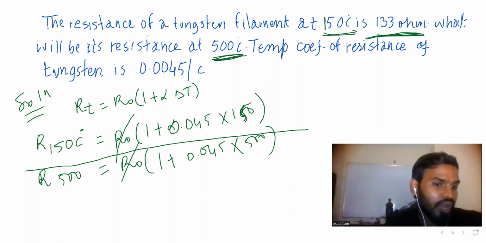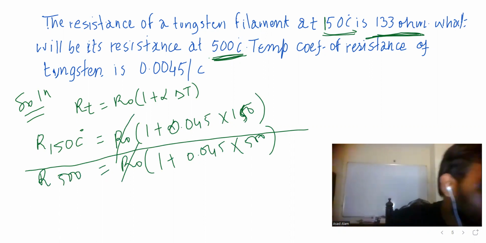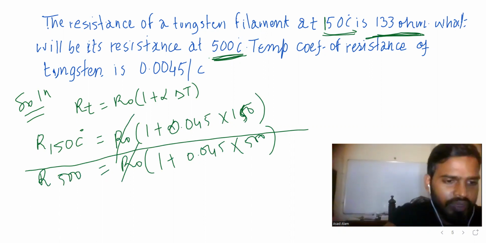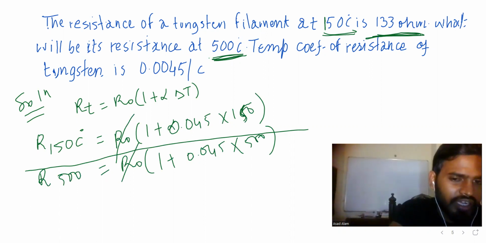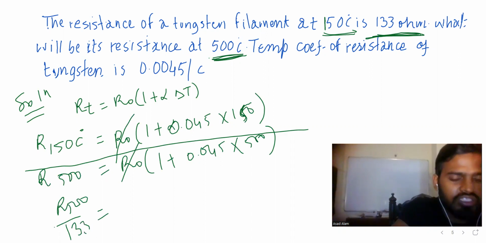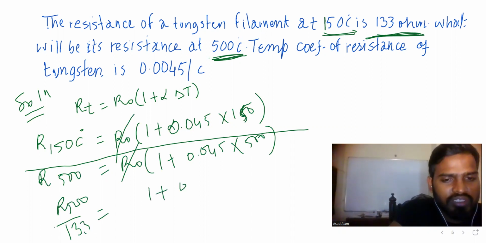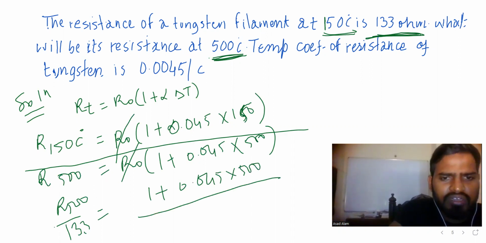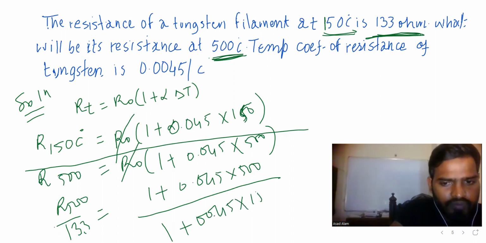Now R150 is given here, 133 ohm. So if you solve it, you are going to get R500 divided by 133 is equal to 1 plus 0.045 into 500 divided by 1 plus 0.045 into 150.